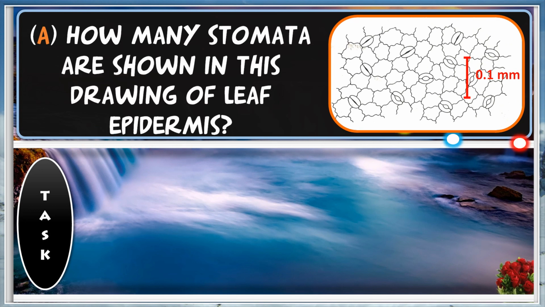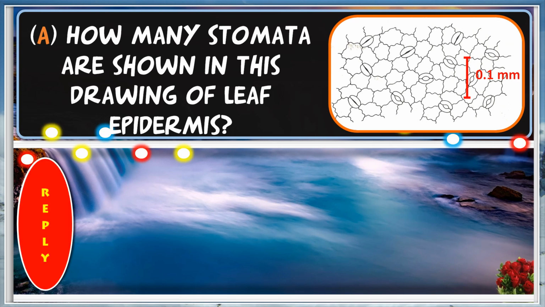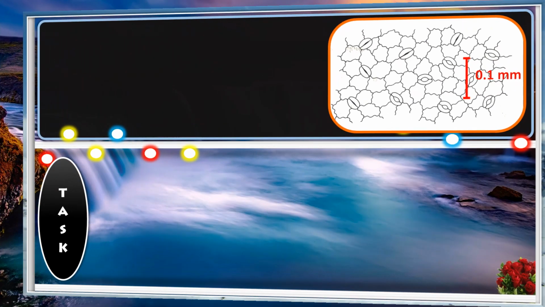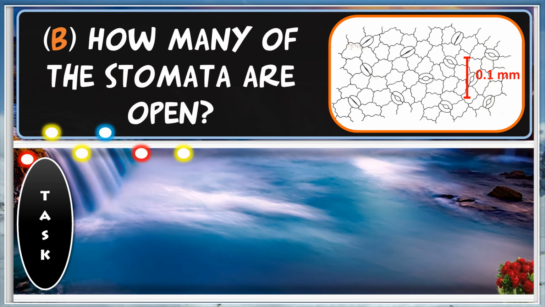How many stomata are shown in this drawing of leaf epidermis? A. There are 12 stomata in the drawing. Part B. How many of the stomata are open?